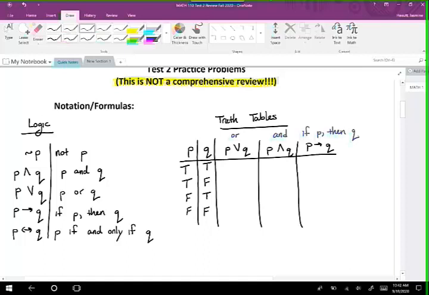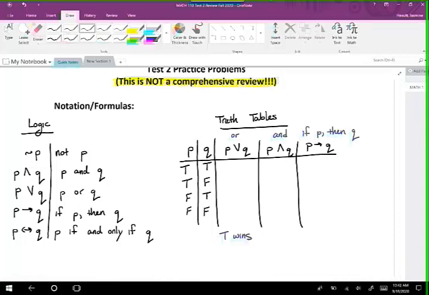There are different ways to remember each of these tables. The way that I generally remember the or and the and tables is that for or, true wins. In other words, you just need one statement to be true, and that will make the whole statement true.